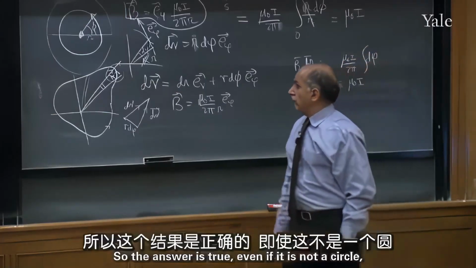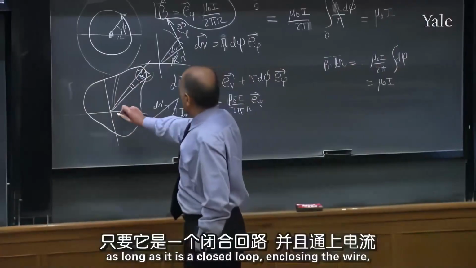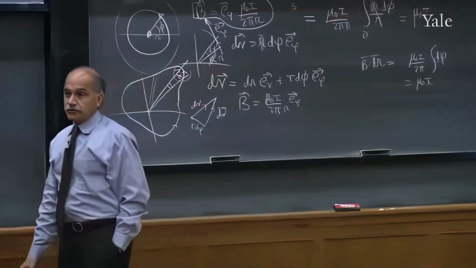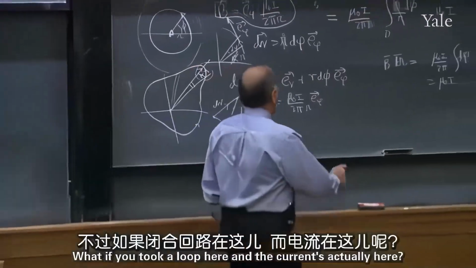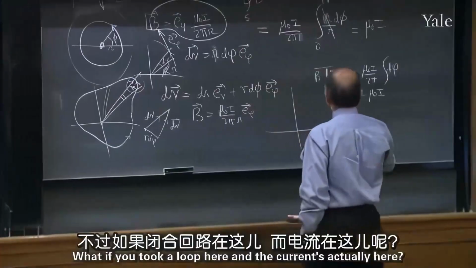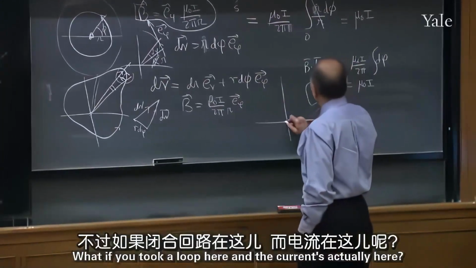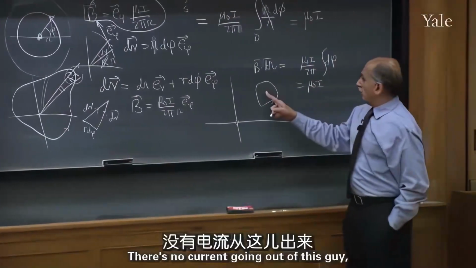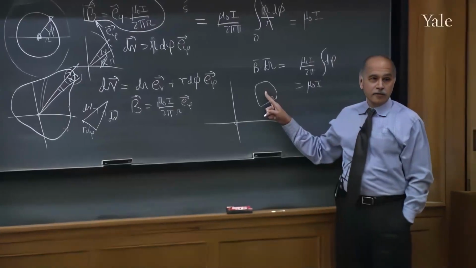So the answer is true even if it is not a circle. As long as it is a closed loop enclosing the wire, the answer is equal to the current enclosed. What if you took a loop here and the current's actually here? There is no current going out of this loop, so we better get 0, and we want to know why.